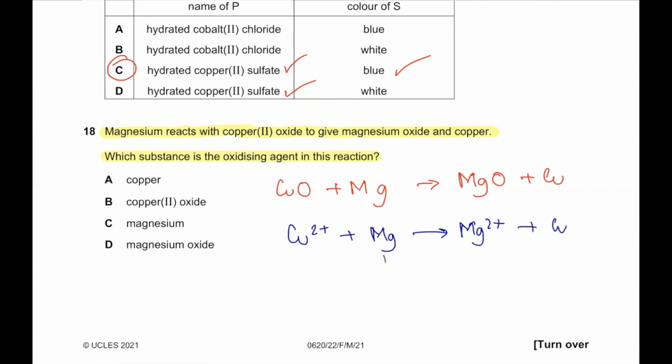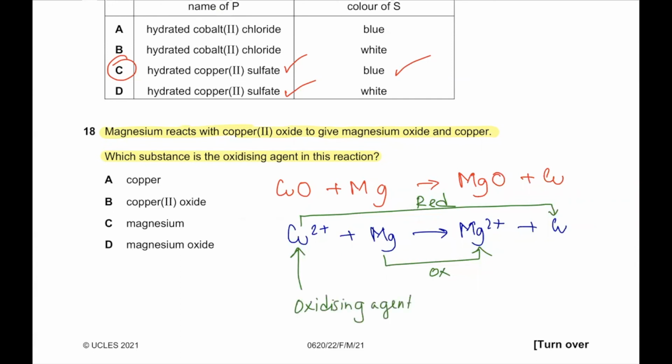Now, from magnesium's perspective, it has lost electrons. That means oxidation. From copper's perspective, it has gained electrons, 2 electrons precisely. So that is reduction. Now if it is reduced, definitely it is going to be the oxidizing agent. So Cu2+ will be the oxidizing agent because it has been reduced itself.